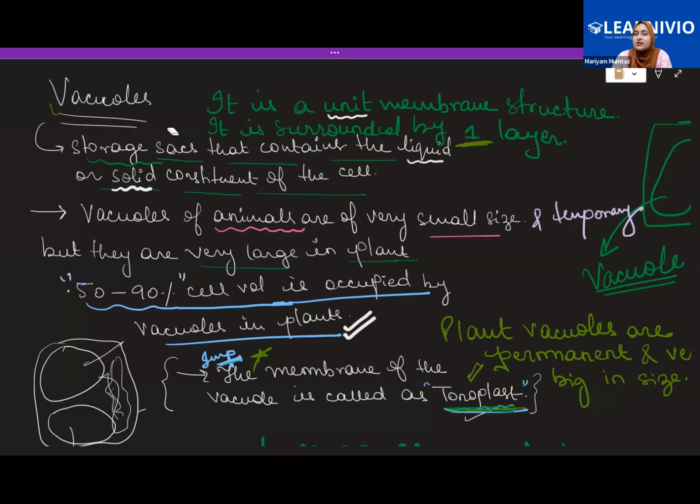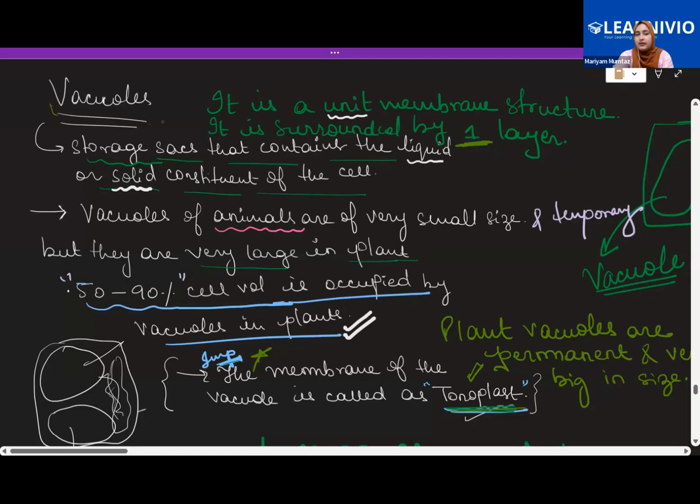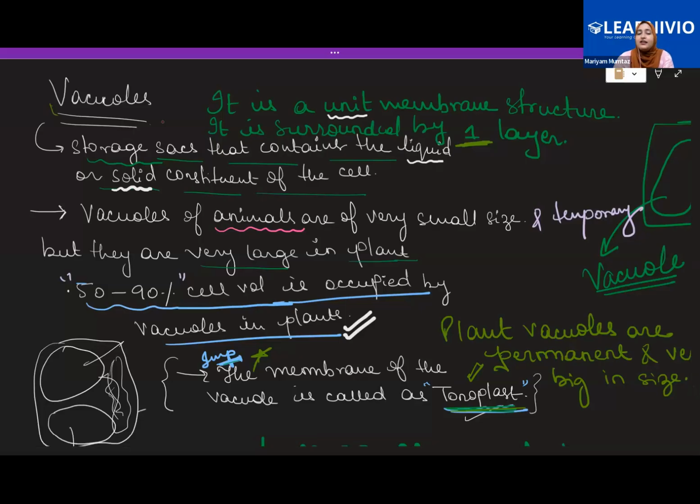Many a times, the vacuoles are not present also. But in the case of plants, the vacuoles are very large in size and they occupy 50 to 90% of the volume of the cell. And they are permanent. So they are responsible for a lot of storage, whereas in the case of animals, it's temporary. Whenever required, it will be there, but mostly it is not.